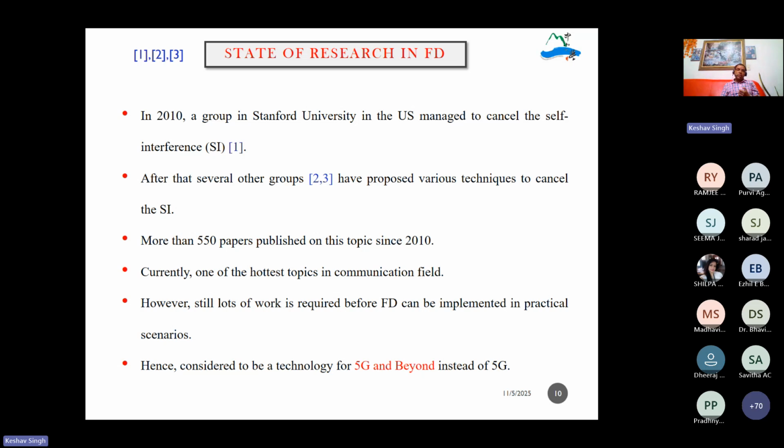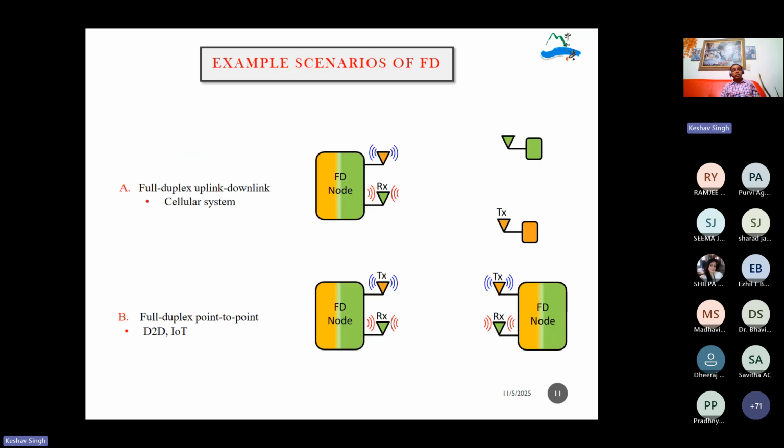I mean, self-interference cancellation in the analog domain, and they cancelled around 70 dB of self-interference. Then other groups started working on full duplex, and they realized yes, full duplex will be part of 5G or 6G. So now we are expecting this full duplex will appear in 6G.